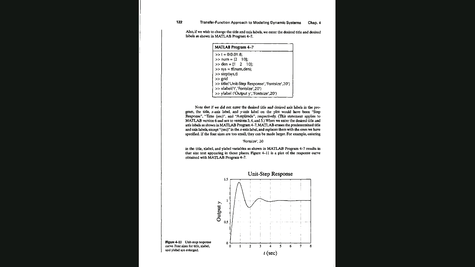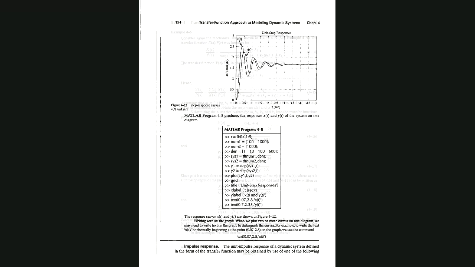Another unit step response is found here. Another example with a step response is here. Actually, you have two step responses plotted on top of each other. Okay. You can also find the impulse response and so on, but I didn't include that in the presentation. Okay, let me go with this block thing.